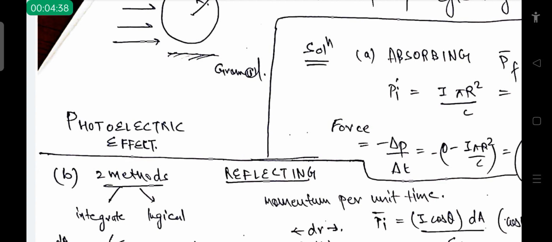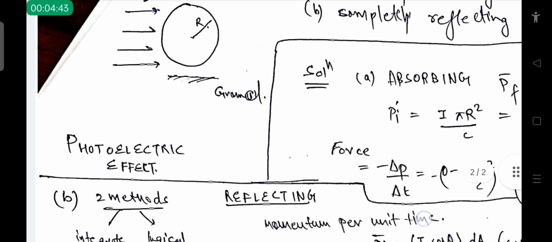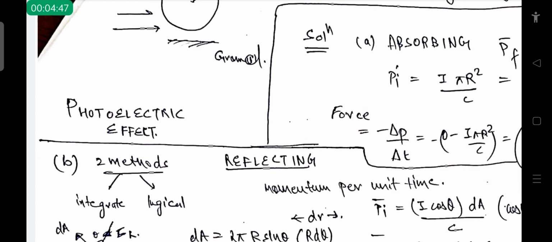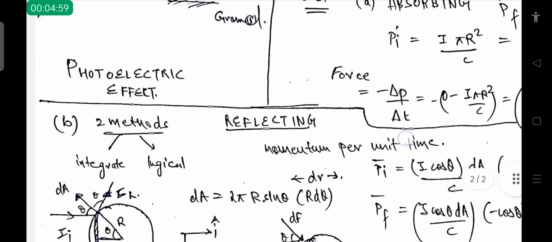The second is to think logically. I can't think of a logical way right now. If you can, do tell me what you think. But let us first use calculus and integrate and see what the answer comes, and then we will think if we can find any logical approach to solve this reflecting case.